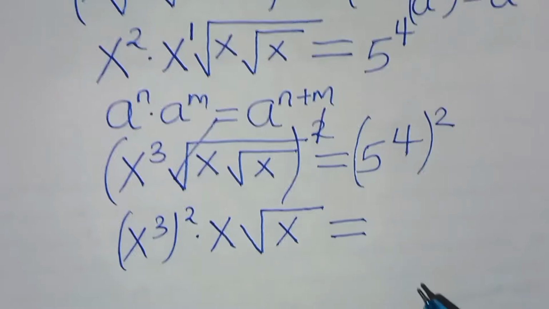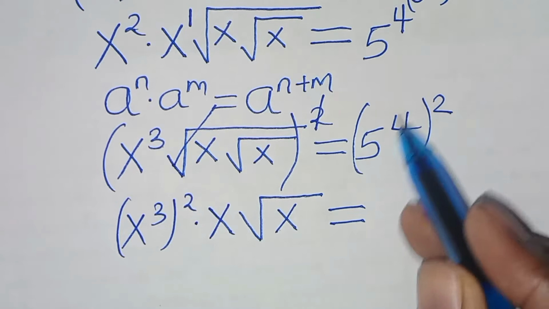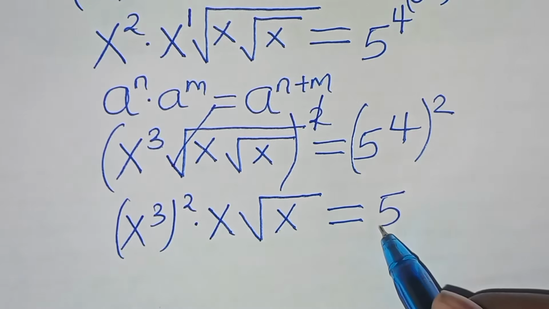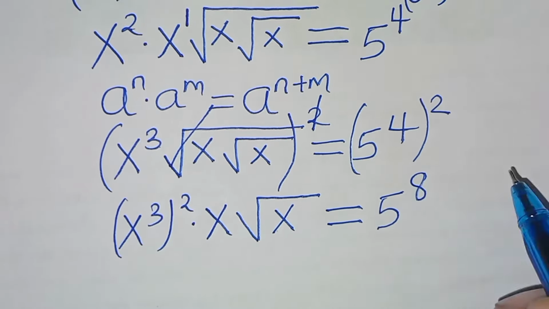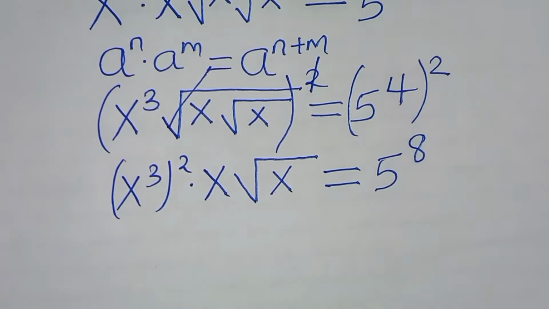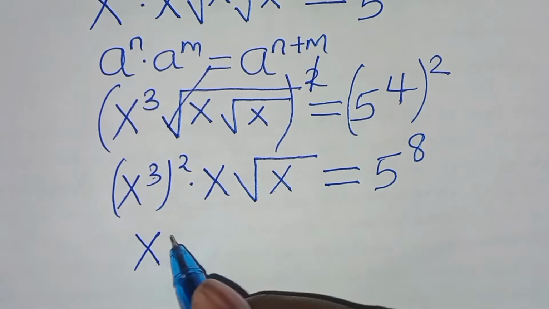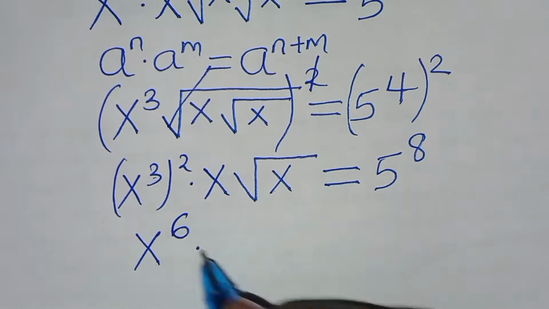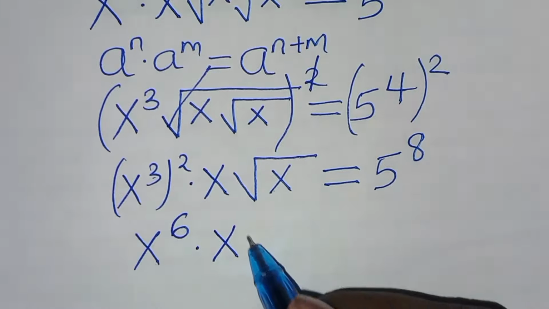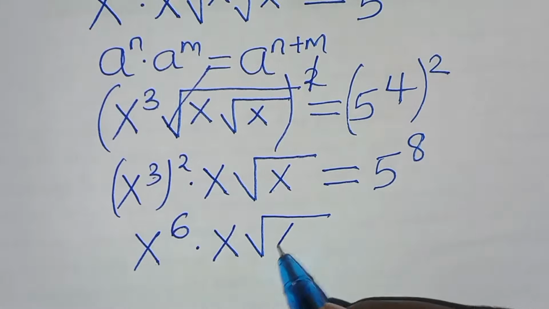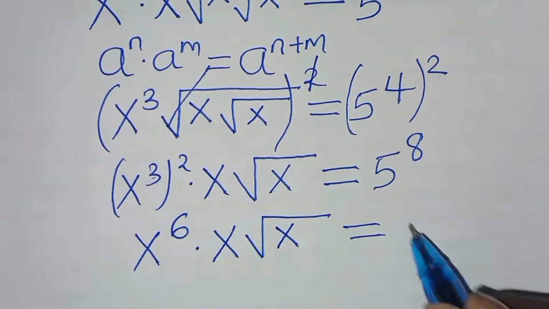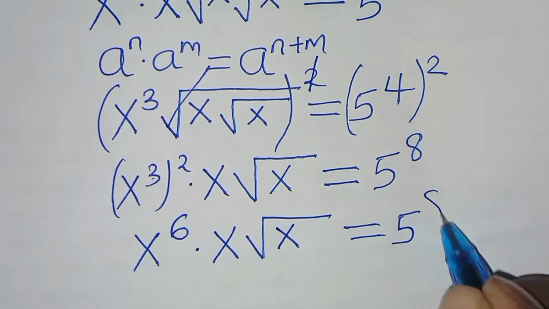This is equal to 5 to power 4 times 2, so we'll have 5 raised to power 8. So here we'll have x to power 3 times 2, which is 6. Then times x. Then times the square root of x. This is equal to 5 to power 8.